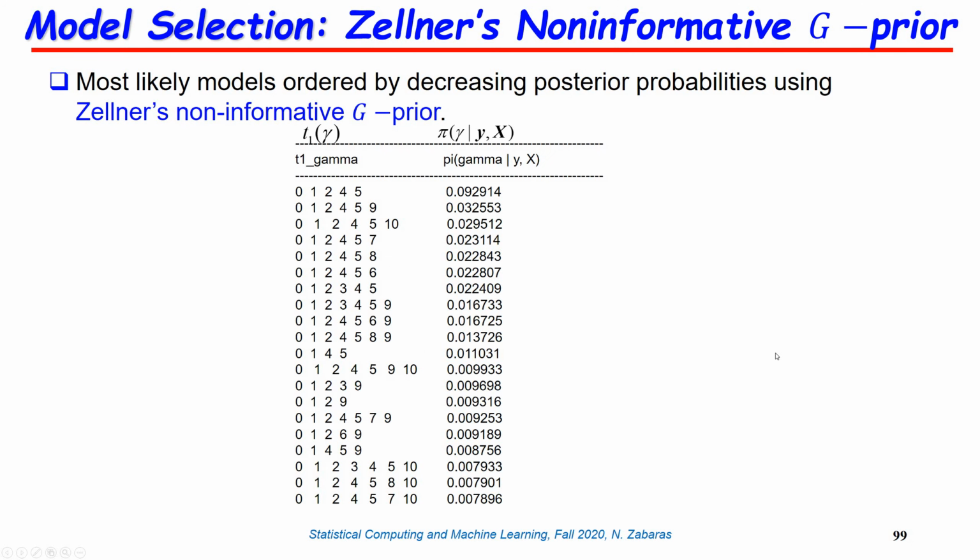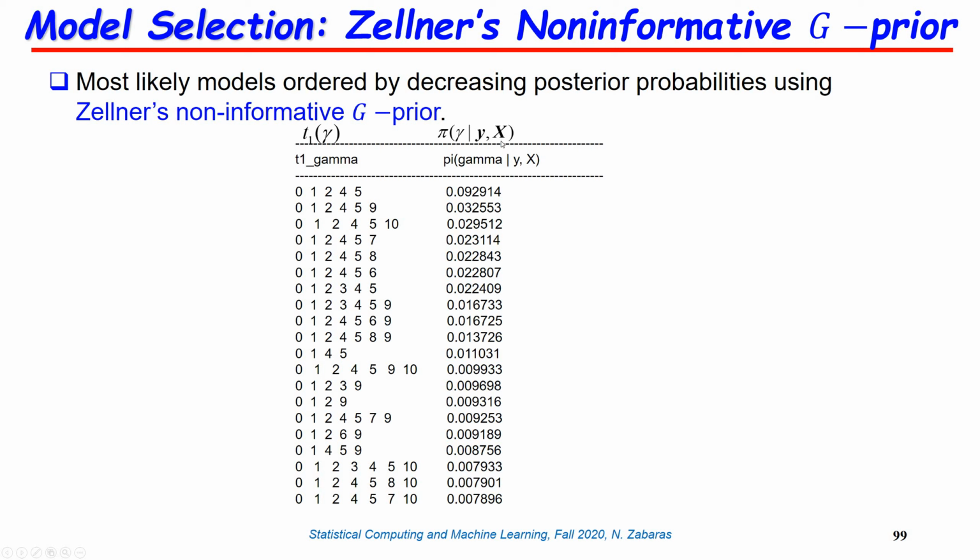Okay, so if you take this Zellner's uninformed prior, so there's no C anymore, and you go through all potential 2 to the power 10 models, and you compute, let's say, the highest ranking in terms of posterior models. Again, 0, 1, 2, 5, 4, 5 has the highest posterior probability.